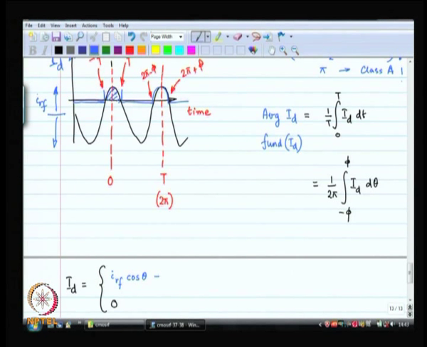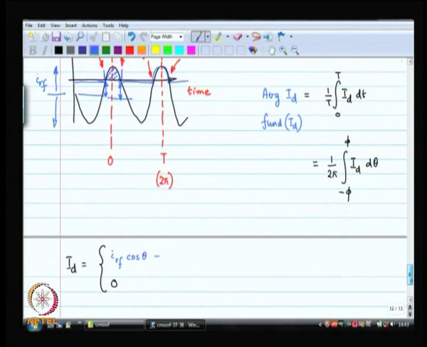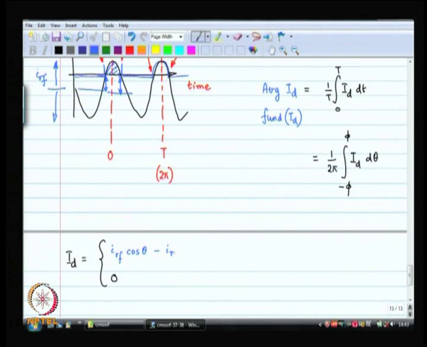So, you are downwards a certain quantity, and how much are you down by? You are down by this much, and that is exactly equal to I r f cos phi.